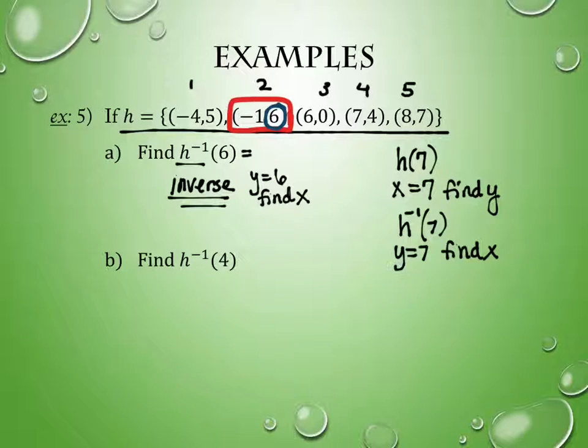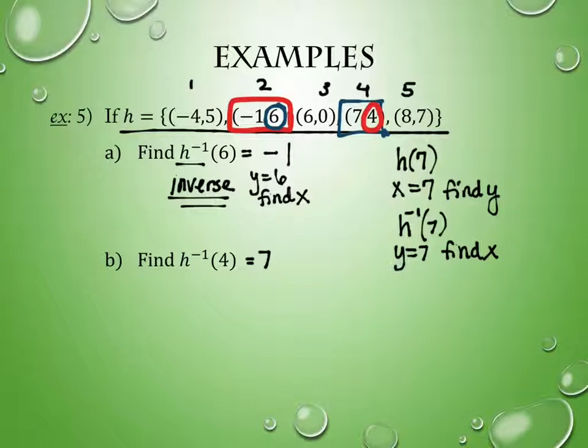So what would the x value be there? -1. If I'm doing the same sort of thing on part B, h inverse of 4, what would I get? Somebody said 7. That's right. Over here, h inverse of 4 is y. The x value that corresponds is 7.